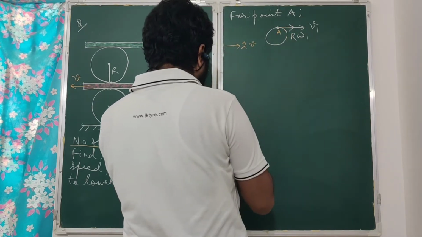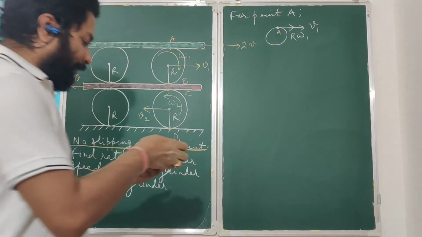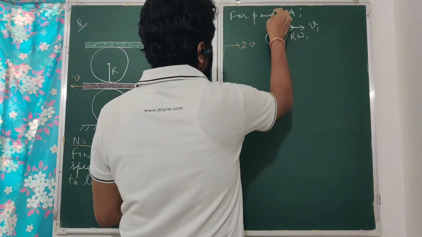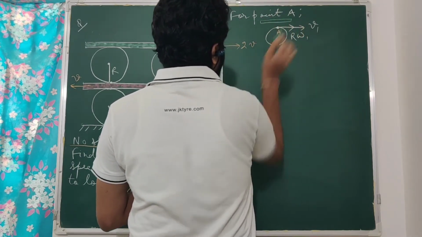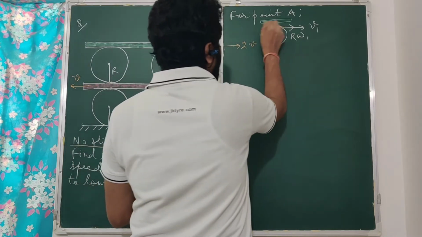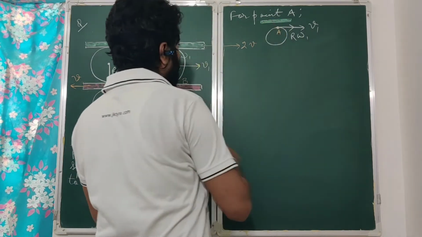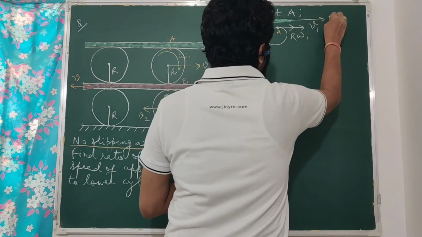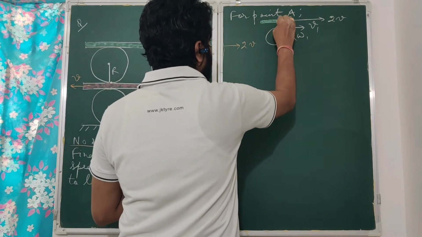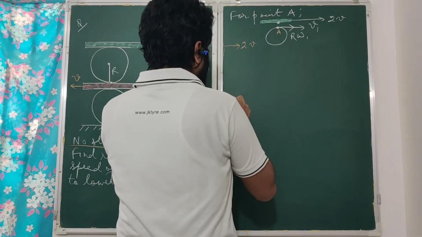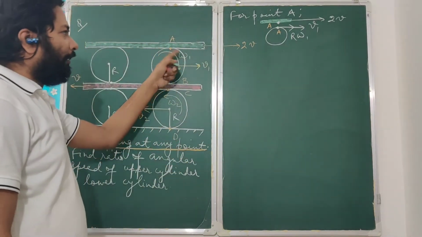Now this point A is also there on this plank. Point A is common. So now think about that plank. So this plank is having velocity of 2v towards right hand side, and this point is your point A. So point A is common both to the plank and the top surface of the upper cylinder.